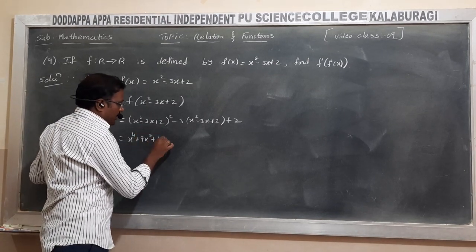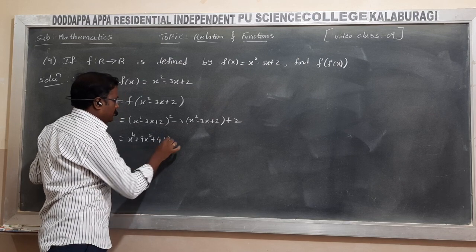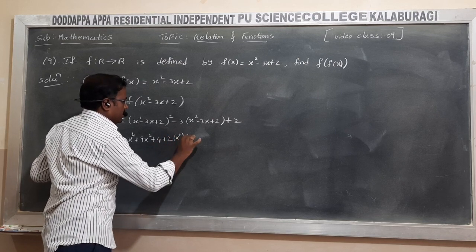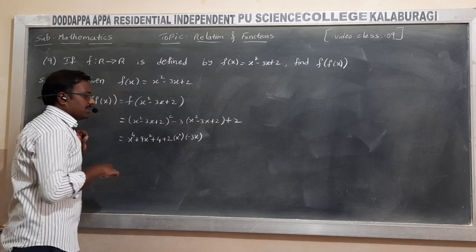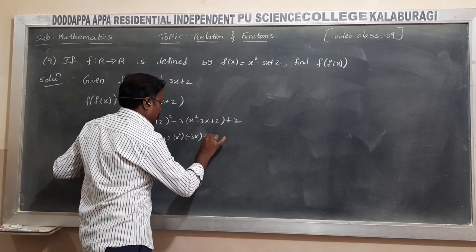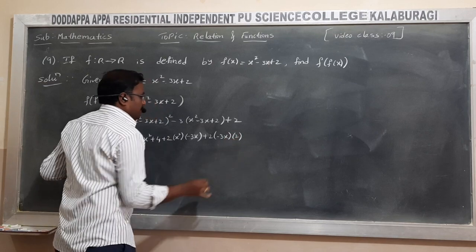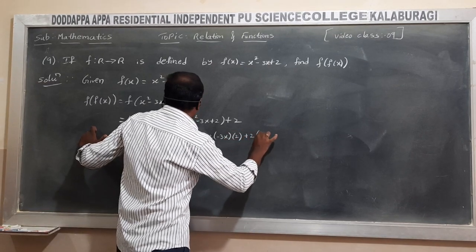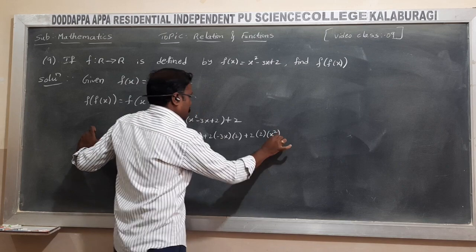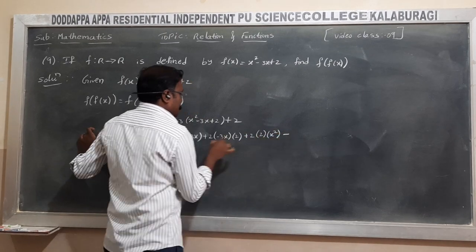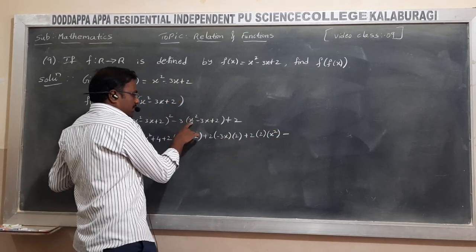So plus 2ab value, plus 2bc value, plus 2ca.